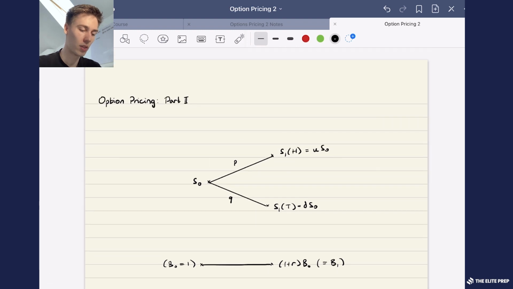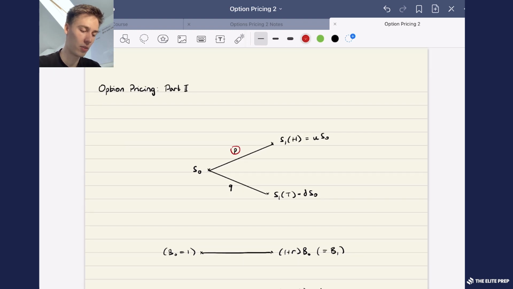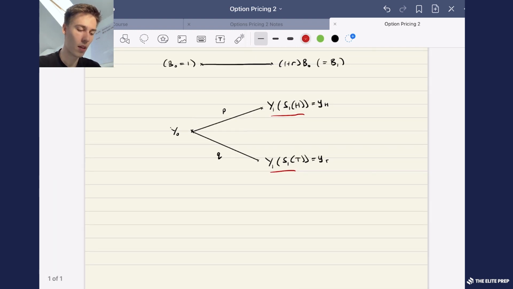Great. So far we have these values P and Q. These values are going to be called the market measure. Up until now, I've been talking about some imaginary coin which we're throwing and then deciding on the price of the stock after some amount of time.